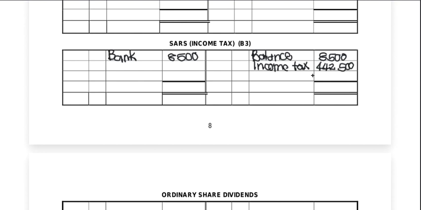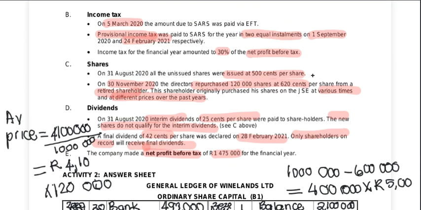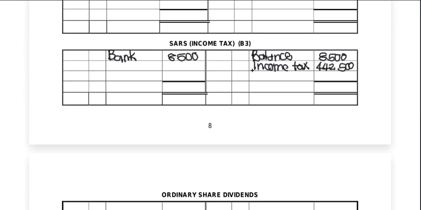It would be different if it was net profit after tax. And we know the closing balance is a debit balance of 5,000. So the 5,000 is next year's opening balance. So it's here for now. And this is to record the provisional payments.